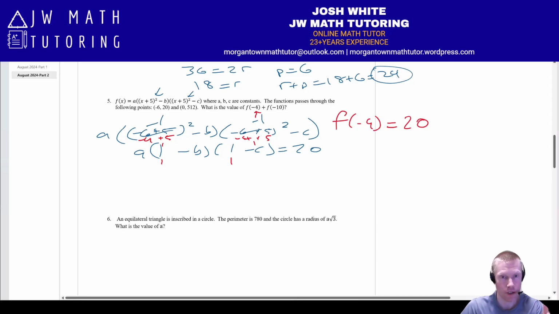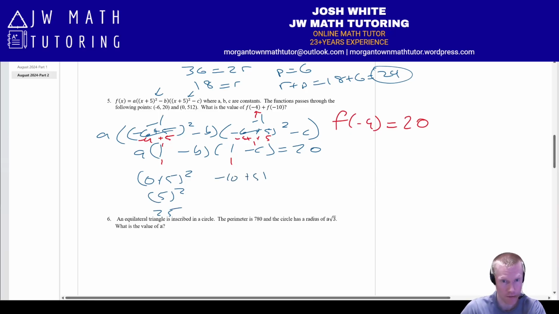The same thing's going to be true with the 0 and the -10. Notice they're both the same distance away from the 5 here. Because like I said, if you take 0 plus 5 and you square that, you get 5 squared, which is 25. And that's for both parentheses.